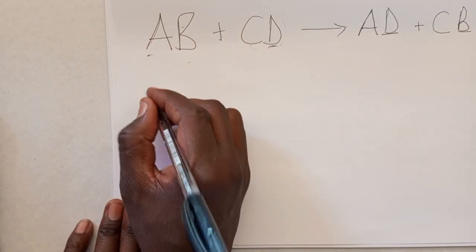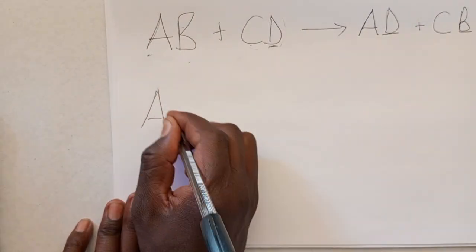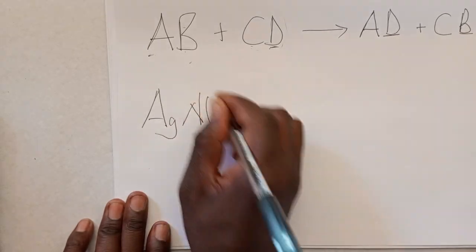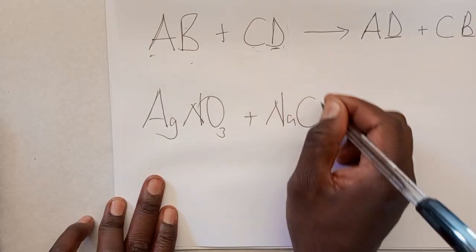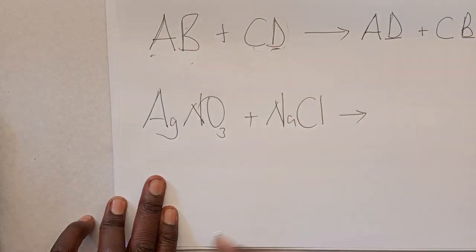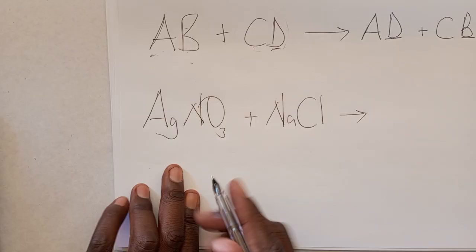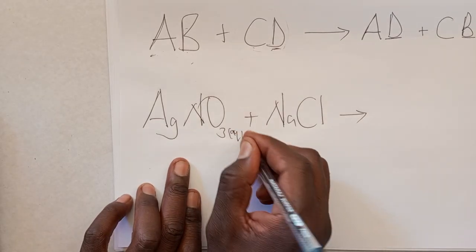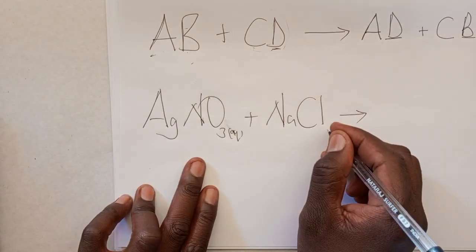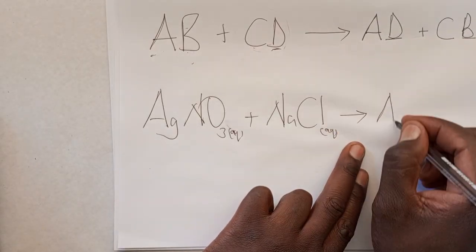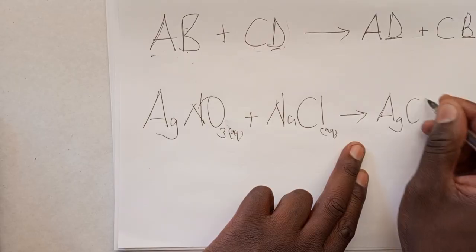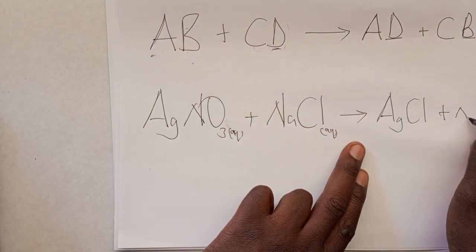So in the case of silver nitrate reacting with sodium chloride, you can guess the products using this model here. What you are going to have is silver chloride plus sodium nitrate.